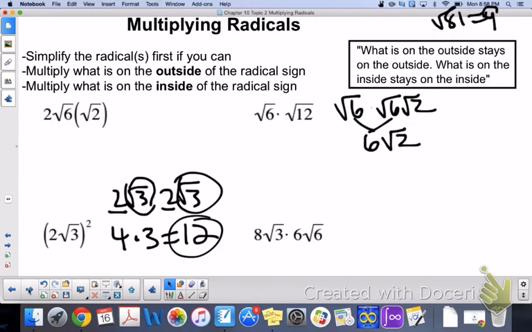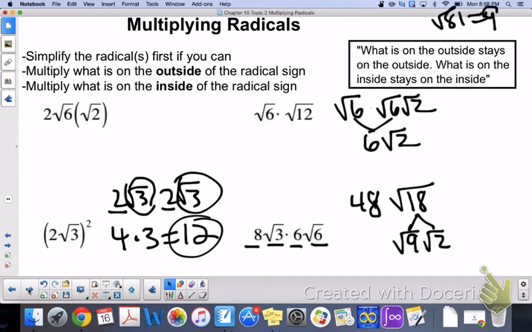The next one, we have 8 times 6, which is 48. And then you have root 3 times root 6. Well, 3 times 6 is root 18, so you can do it that way. Root 18 splits to root 9 times root 2. 9 goes into 18. Square root of 9 is 3. So we have 48 times 3, which is 144 root 2.